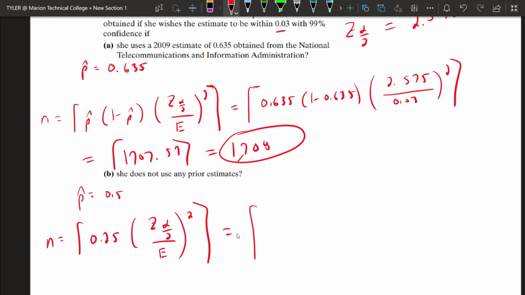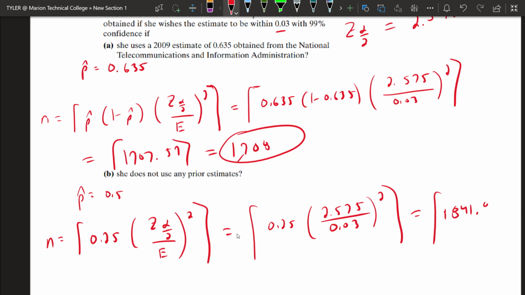So this would be equal to the ceiling of 0.25 times 2.575 divided by 0.03, quantity squared. This becomes the ceiling of 1,841.84, which equals 1,842. So we get both of those values.